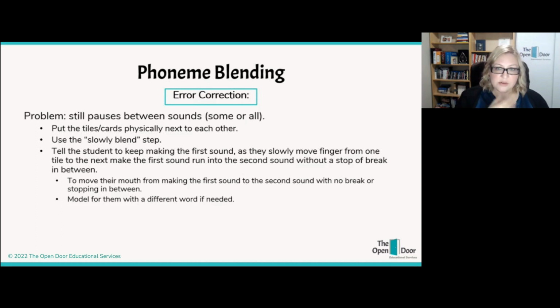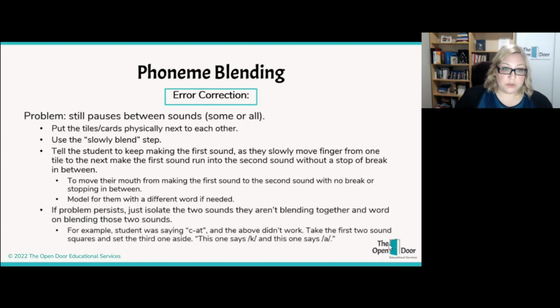Keep having a sound coming out of your mouth as you switch between making each of those 2 or 3 sounds. If necessary, you can model that for them, ideally using a different word so they can see exactly what you mean, and then be able to work it out with the word that they're actually working on.